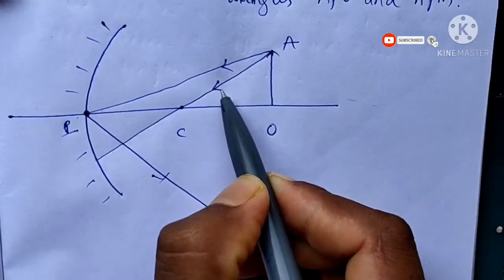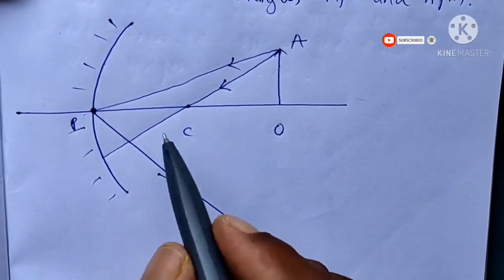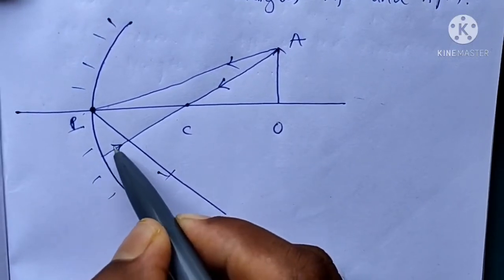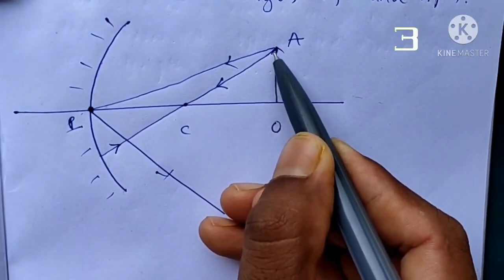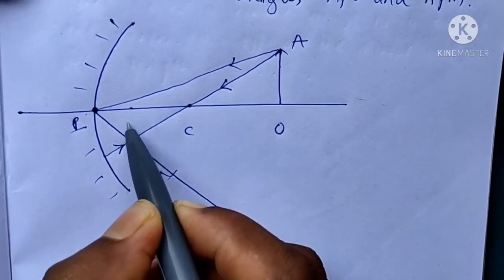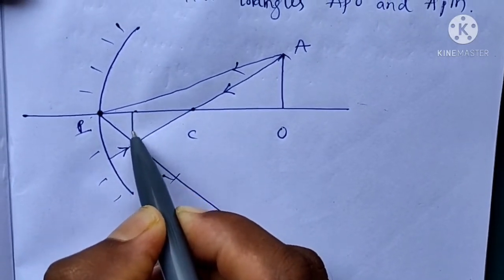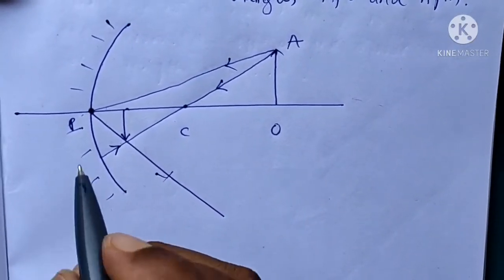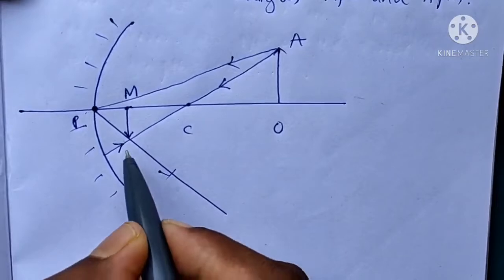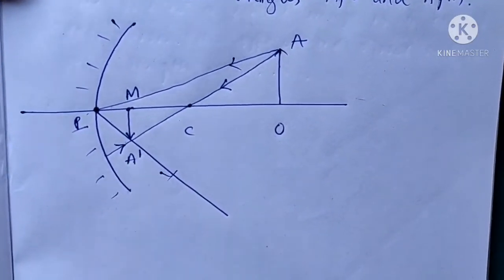The ray that travels through the center of curvature is undeviated or retraces its own path, so it comes back the same way. So here the two reflected rays meet, then we get the image here. And this point we consider M and A dash.